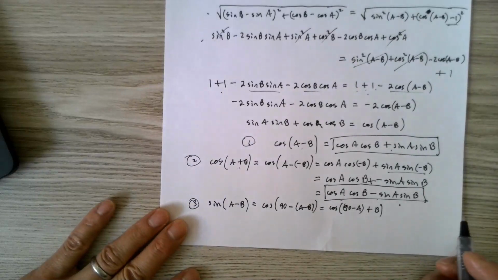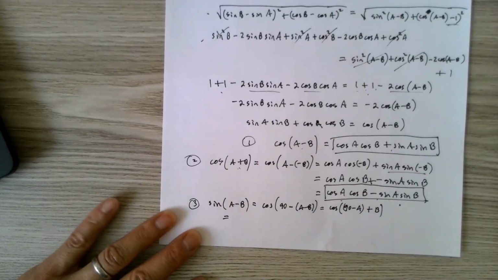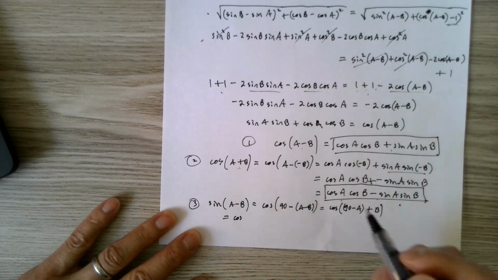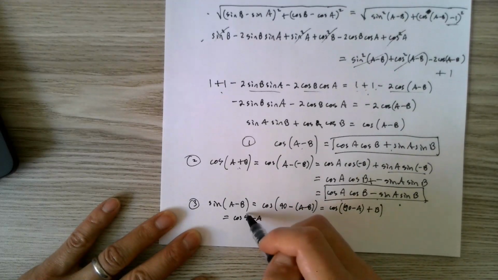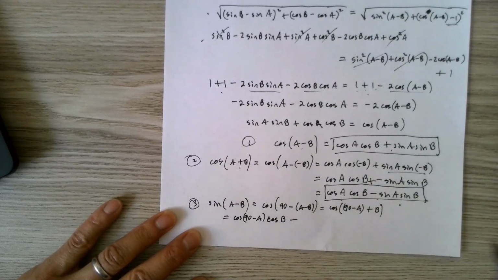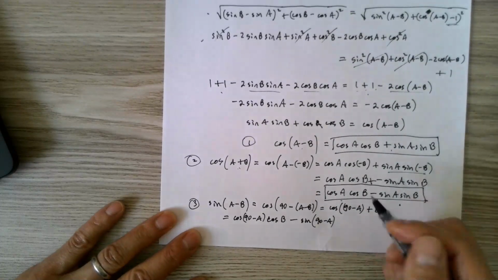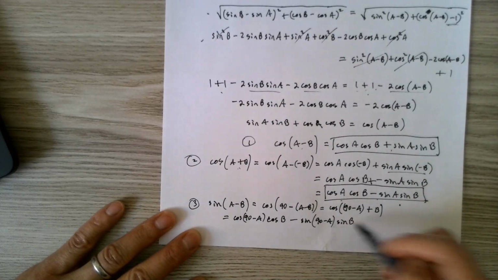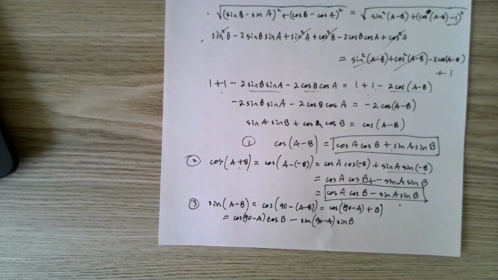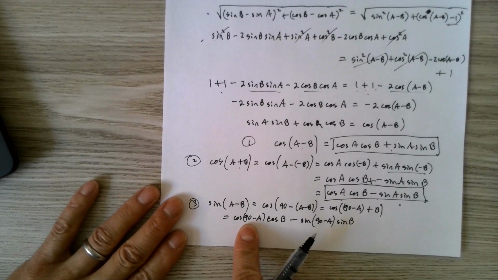Okay, so now using that identity, I can rewrite this as, I might need more room, so I'm going to go back here. Okay, there I use the second identity. And then I use the first identity to do this.